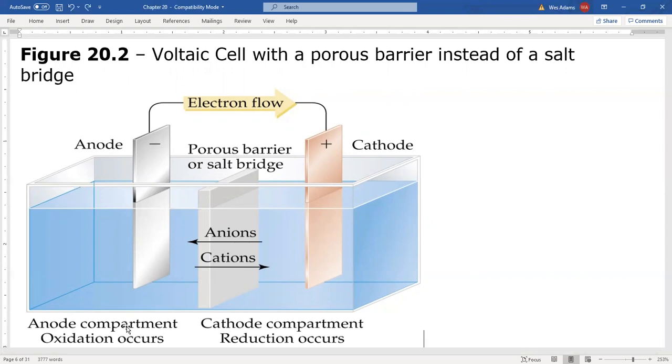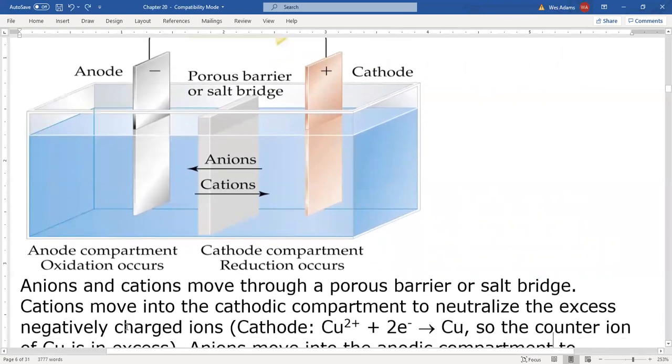And the membrane that produces that barrier allows the anions to go into the anode compartment and the cations to go into the cathode compartment to even out the charge, which does the job of the salt bridge, although getting a membrane to do the job on a lab scale like in our lab is a little bit more difficult, but it's commonly used in batteries. But other than that, it does work out very similarly. And you'd get the same voltage.